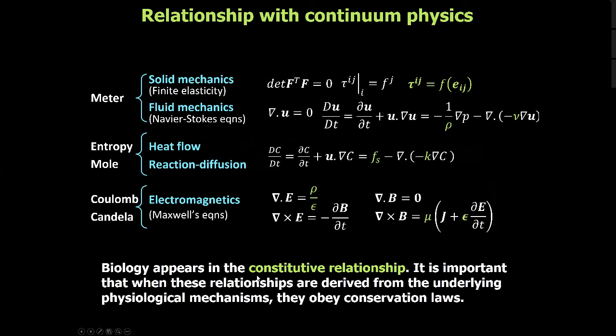So the bond graph is the complement in a way to the Galerkin finite element approaches, to be able to ensure that you're dealing properly with the conservation of mass, charge, energy, etc.